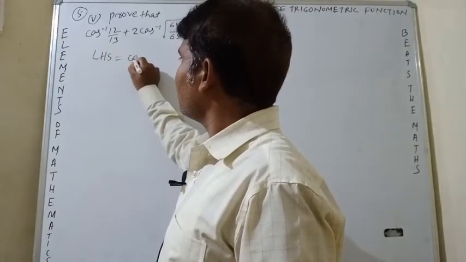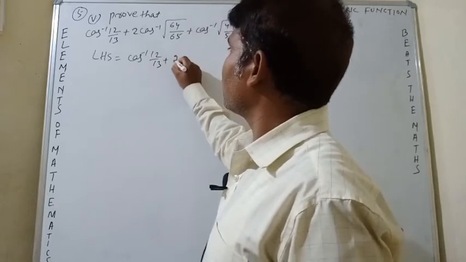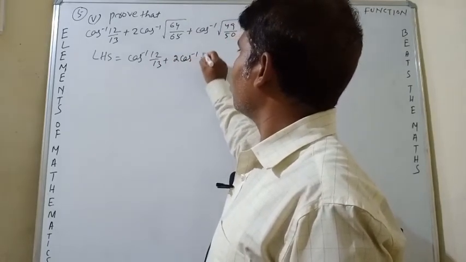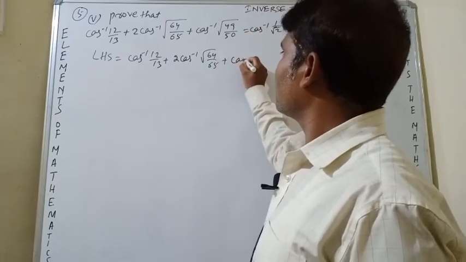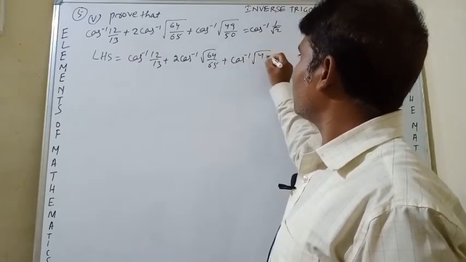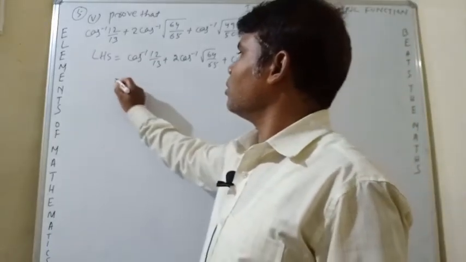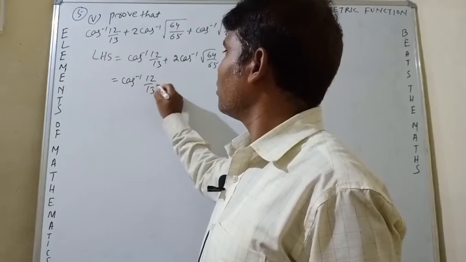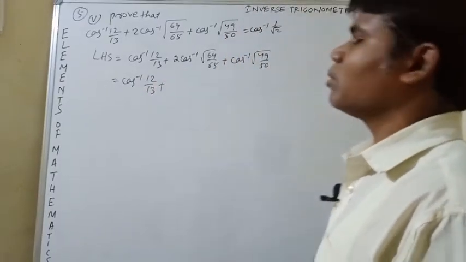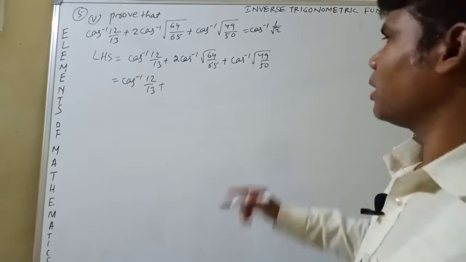LHS is equal to cos inverse 12/13 plus 2 cos inverse root over 64/65 plus cos inverse root over 49/50, which is equal to cos inverse 12/13 plus, you see, 2 cos inverse root over 64/65.